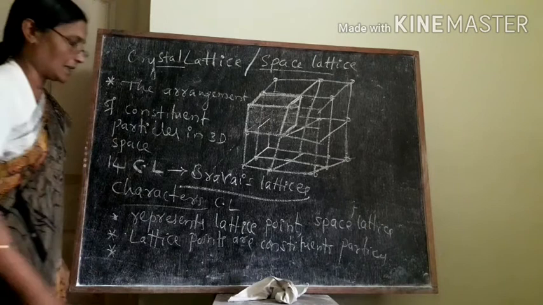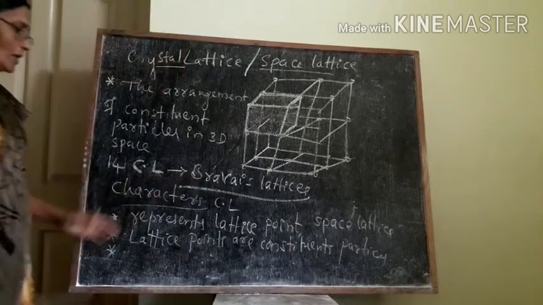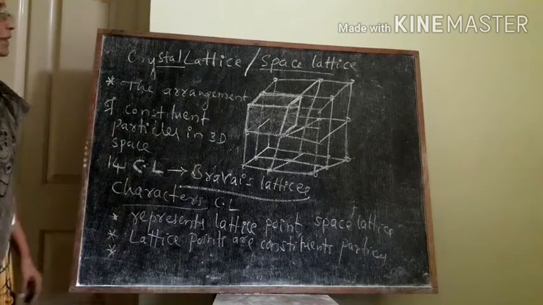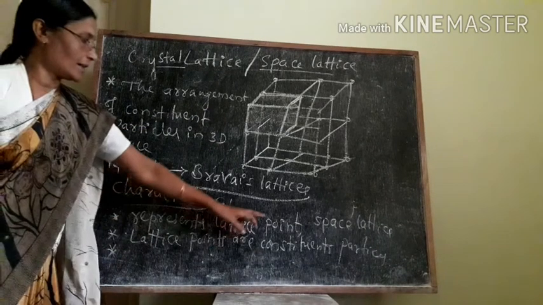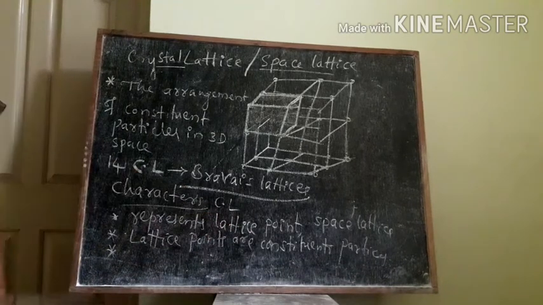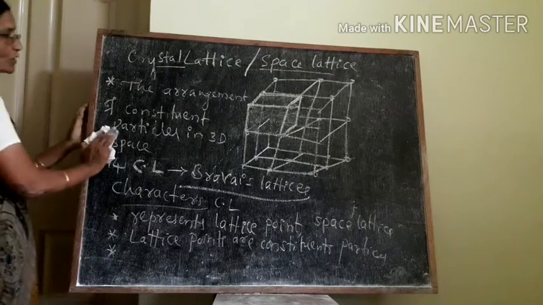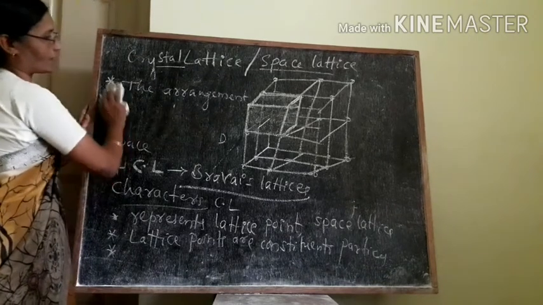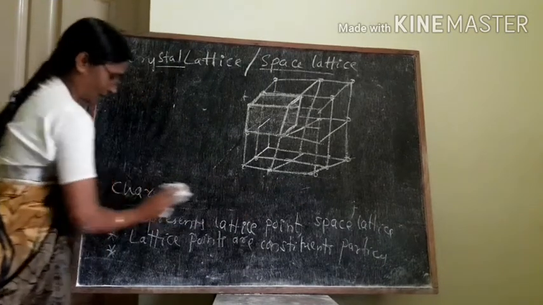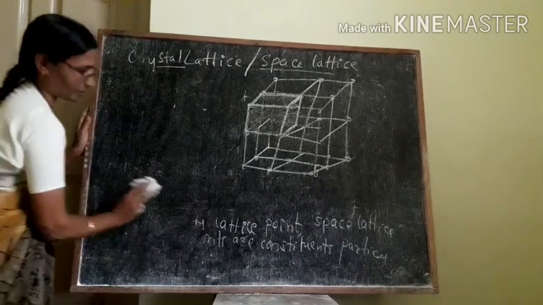Particles means atoms, ions or molecules. Simple characters. One is whatever the points, they are called lattice points. Lattice points are nothing but constituent particles. Whereas if you join in straight line these constituent particles, what happens? You will get a perfect, definite crystal lattice.